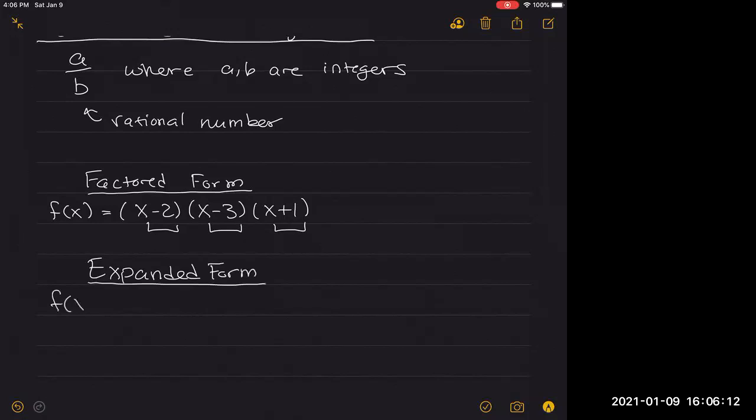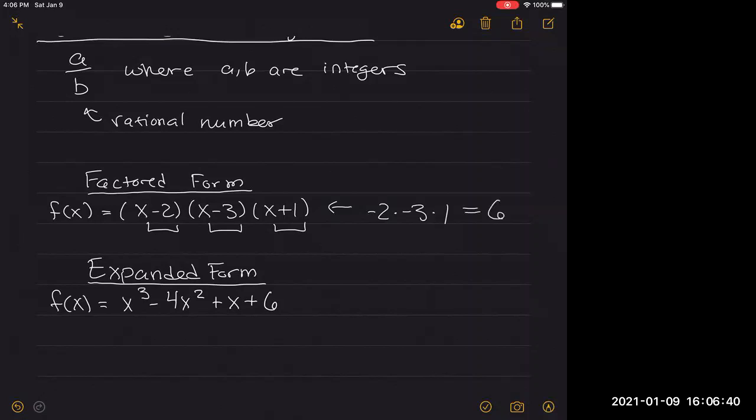So here we have the same polynomial, and I've FOILed it out. You could do it with a little work. I'm just skipping the work to write it out a little cleaner. So it is x cubed minus 4x squared plus x plus 6. And now notice that here in our factored form, negative 2 times negative 3 times 1 equals 6.